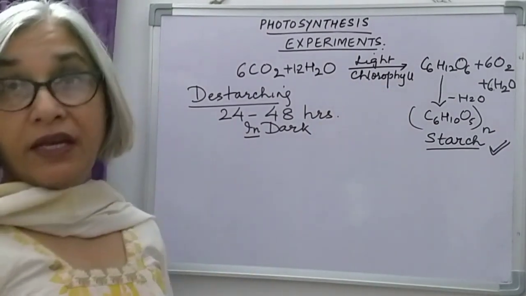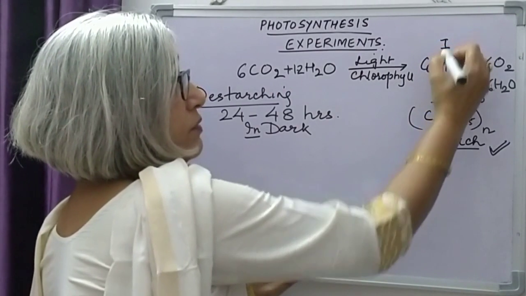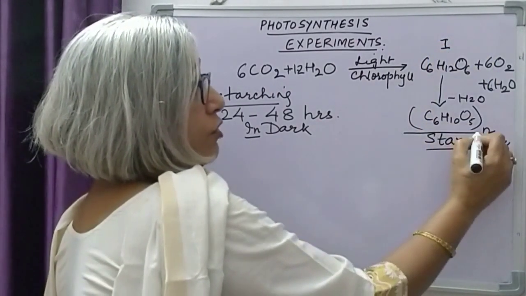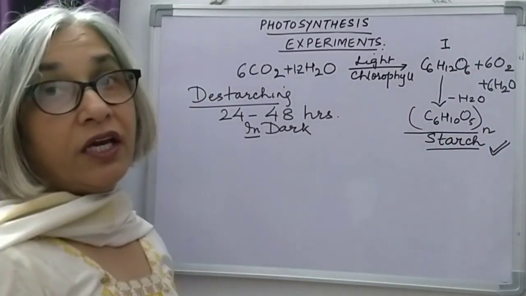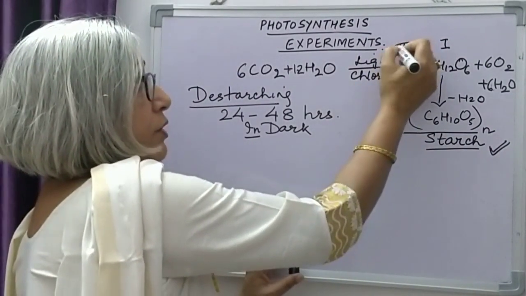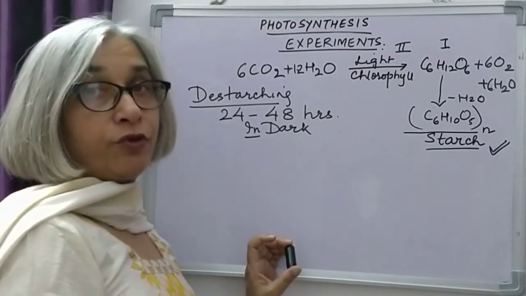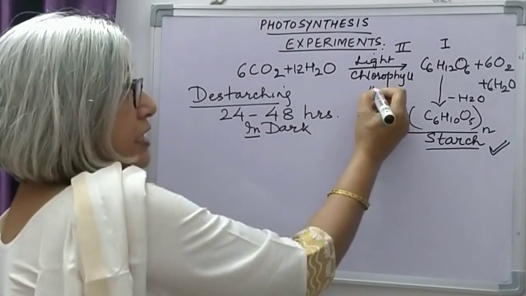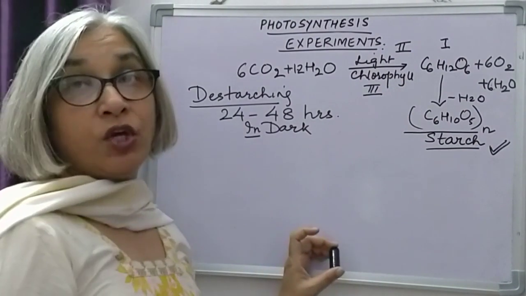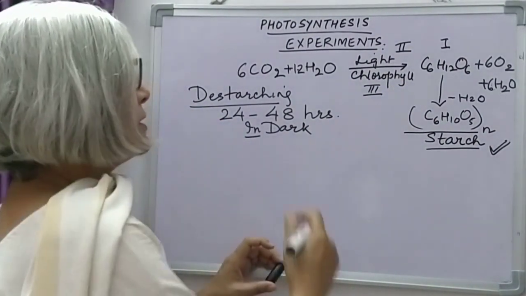Now, what are the various experiments that we are going to conduct? First experiment, we will see the presence of starch after photosynthesis. Second experiment that we are going to see is light is essential for the process of photosynthesis. Third experiment that we will do is we will prove that chlorophyll is required for photosynthesis.